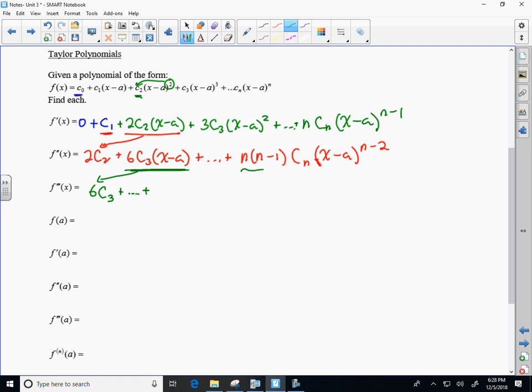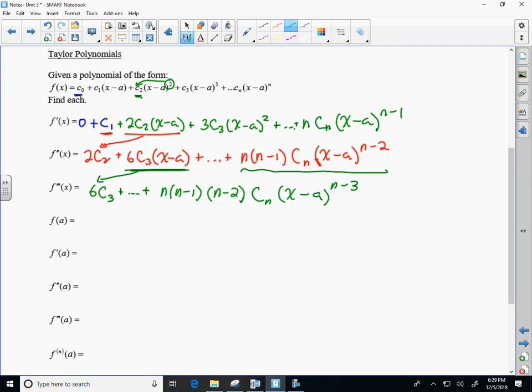Then power rule on this last term, which would become n times n minus 1 times n minus 2 times c sub n times x minus a to the n minus 3.